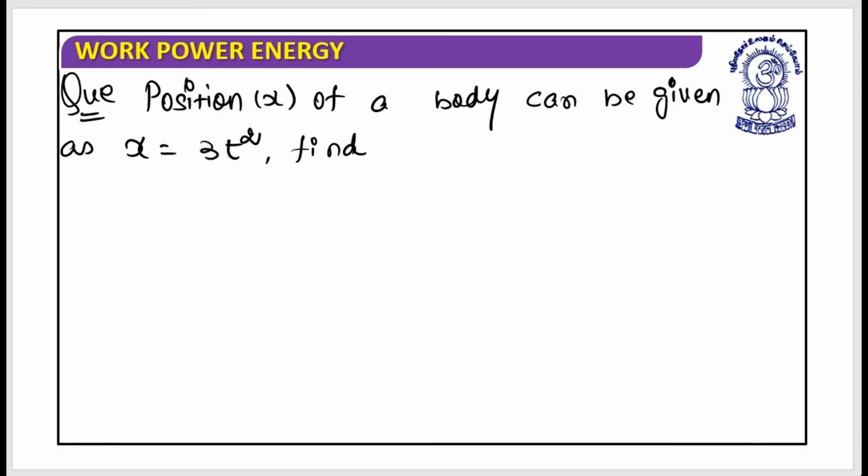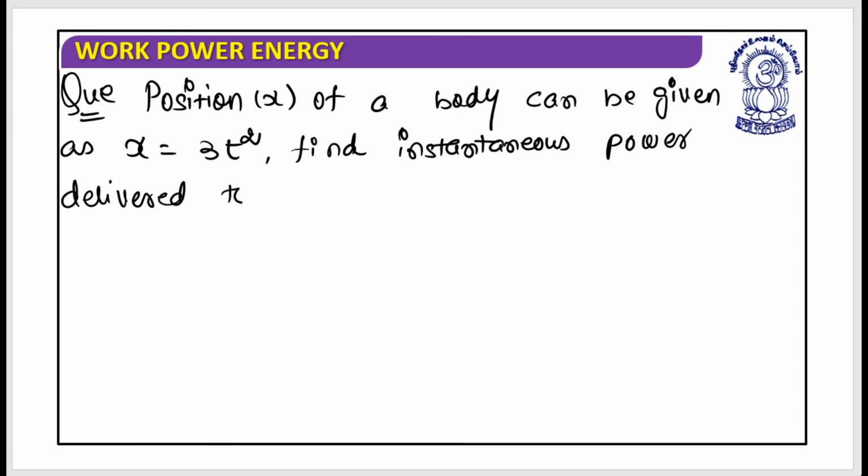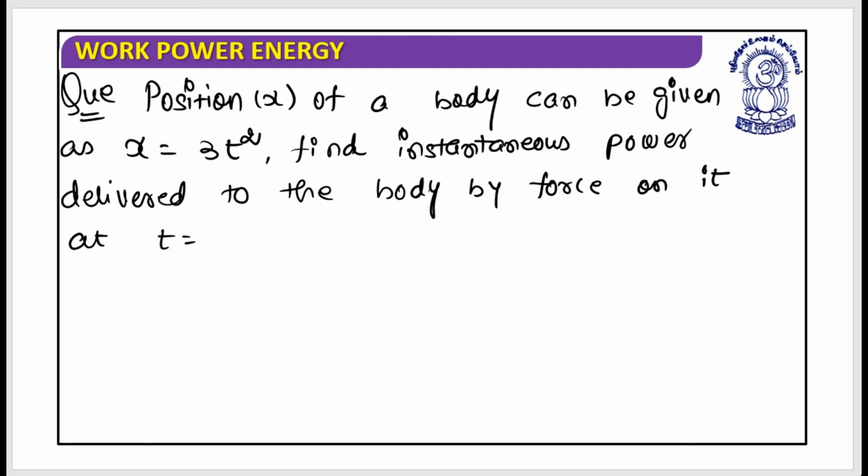Find the instantaneous power delivered to the body by the force on it at t equals 3 seconds. So this is required. What do you need? You need to find the instantaneous power.